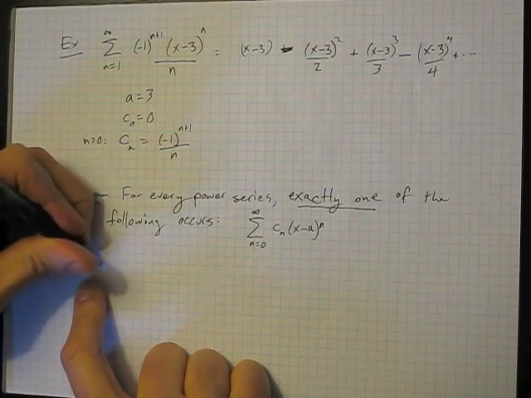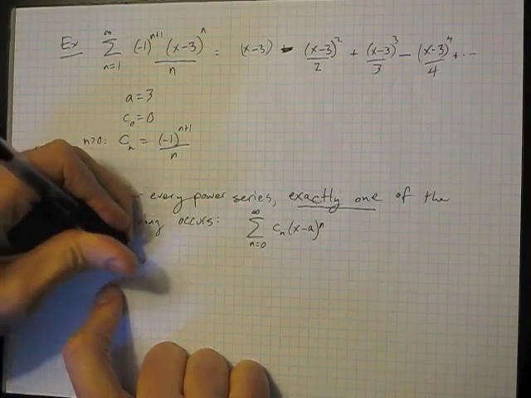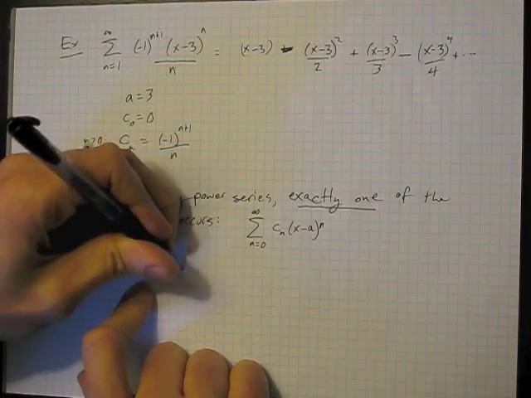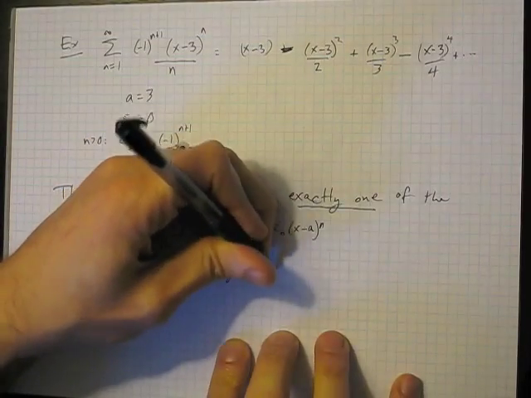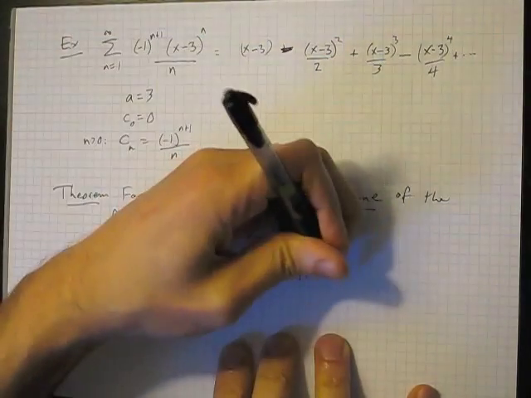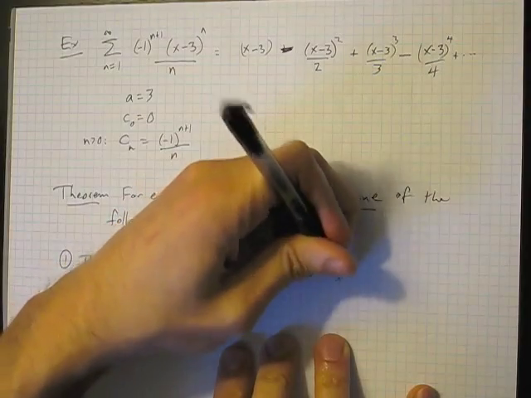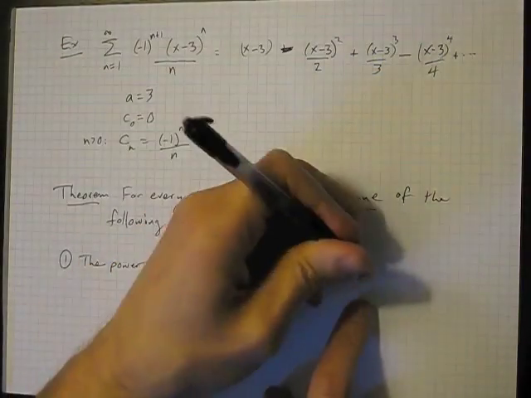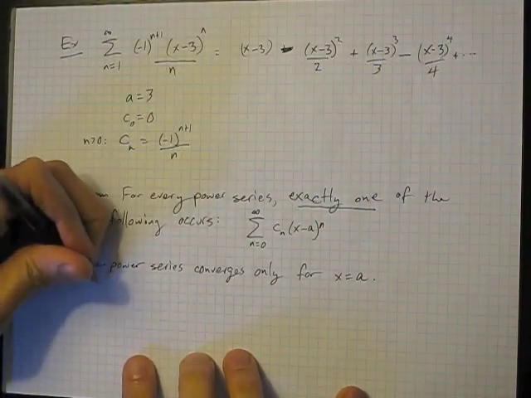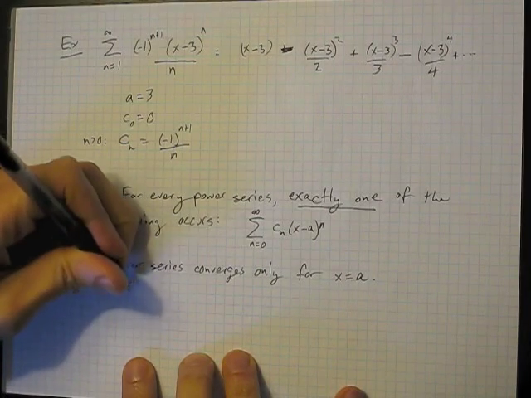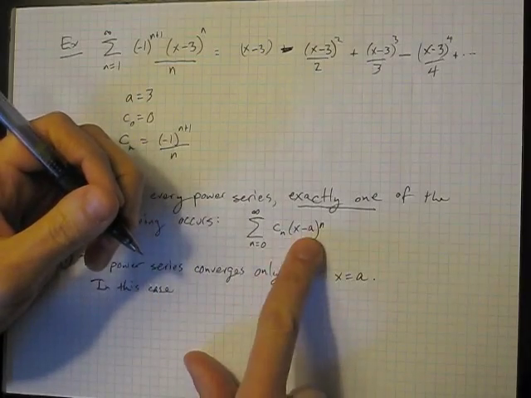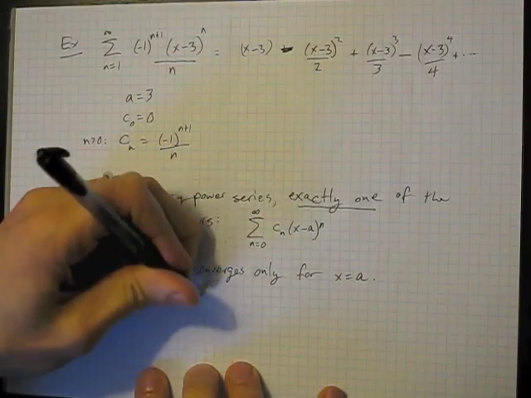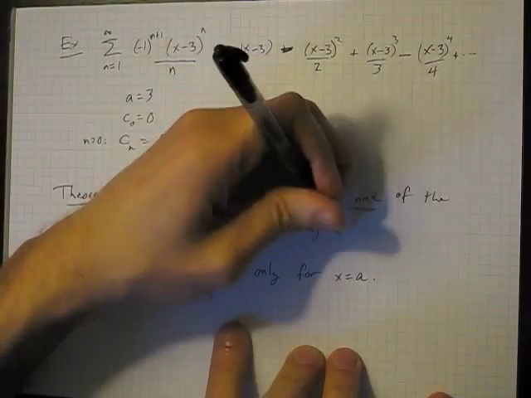the power series converges only for x equal to a, the center. Take a look at what this series has to look like.